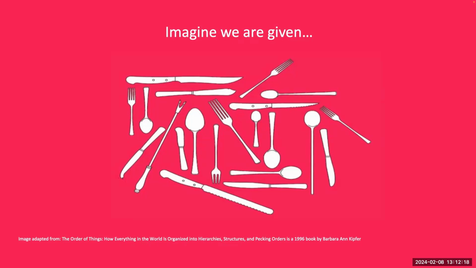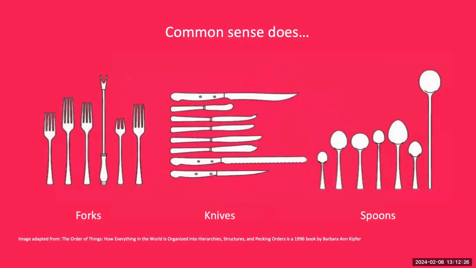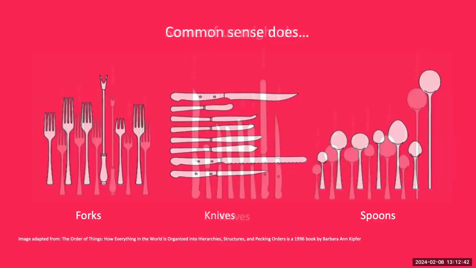It's a combination of utensils given in front of us. If we have to arrange it logically, common sense would arrange the forks together, the knives together, and the spoons together, right? That is how we would very instinctively go to arrange these utensils.